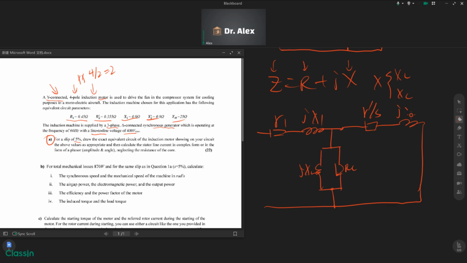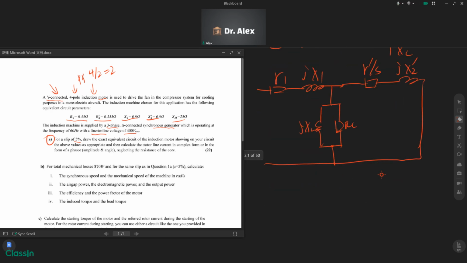And here it's jX2 like this. This is from the mathematical deduction. You can get it the mathematical way from the textbook. We don't do it here. Okay, that is the equivalent circuit.